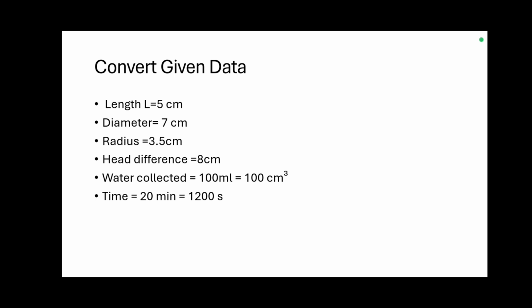The water collected average is equal to 100 mm. Convert it to centimeter cube. Here it comes to 100 cm³. Time is equal to 20 minutes, which is equal to 1200 seconds. Calculate the discharge Q and area.